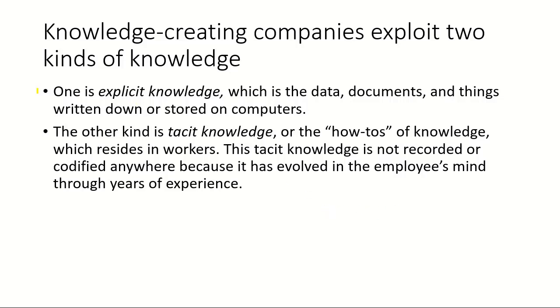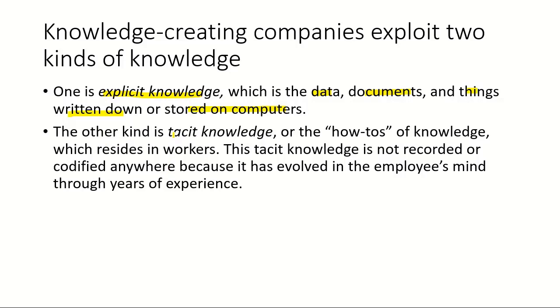There are two kinds of knowledge. One is explicit knowledge, please take note of this. Explicit knowledge is the data, documents, and things written down or stored on computers or databases.